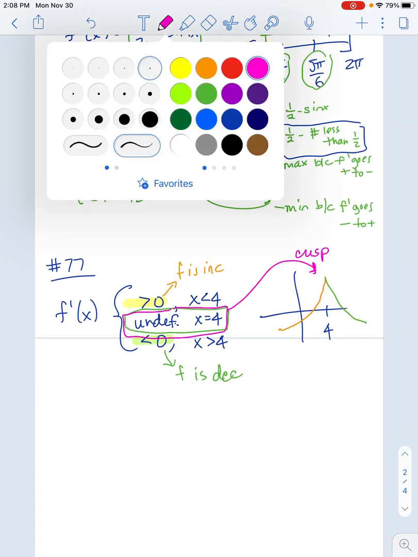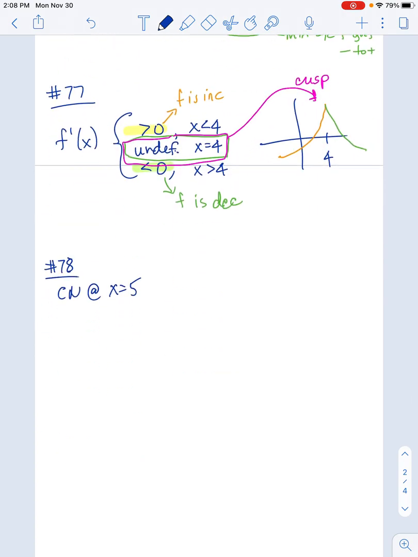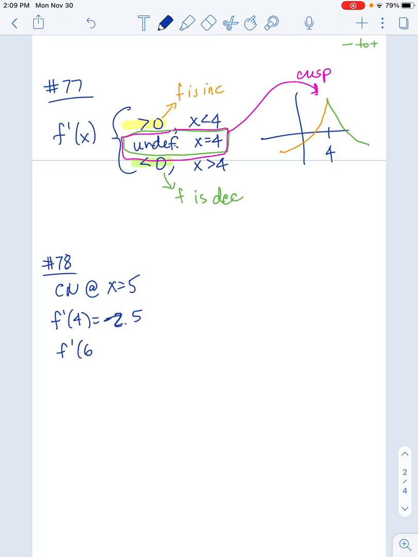Okay, and then lastly, let's see what's popping in number 78. These last ones always stretch our brains, right? A differentiable function f has a critical number at x equals 5. Identify the relative extrema if f prime of 4 equals negative 2.5, and f prime of 6 equals 3.